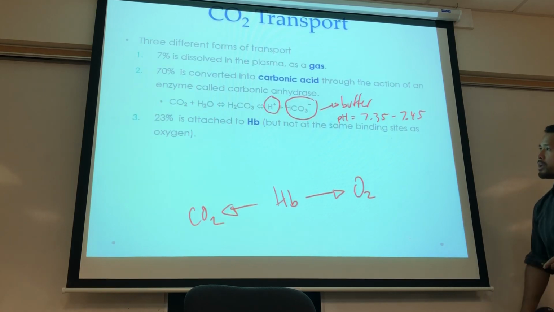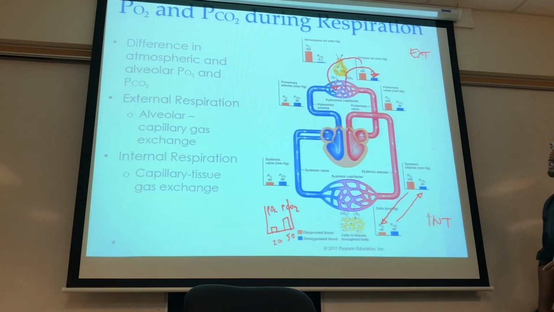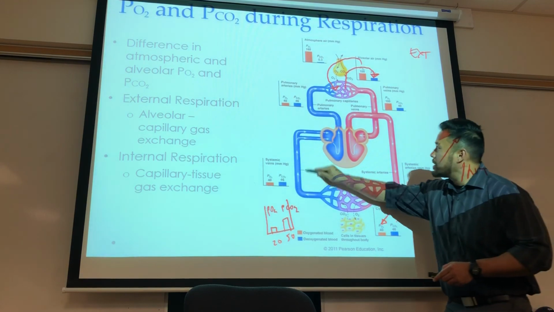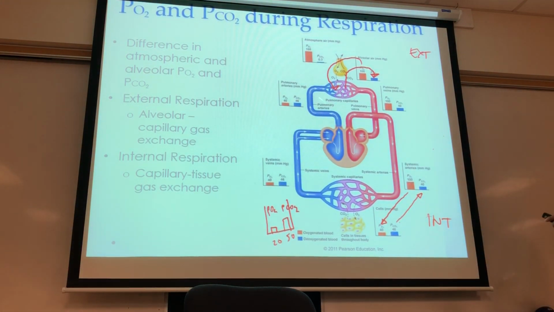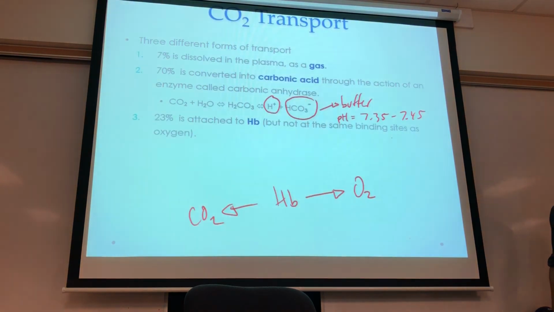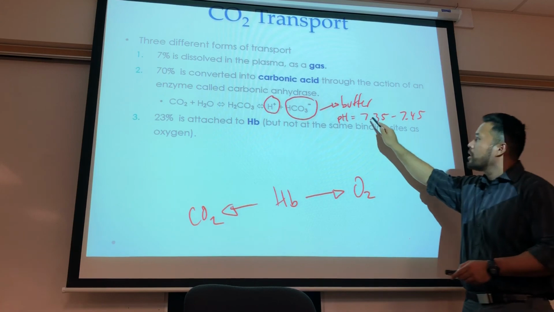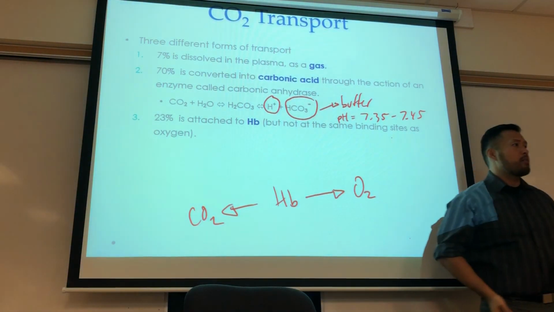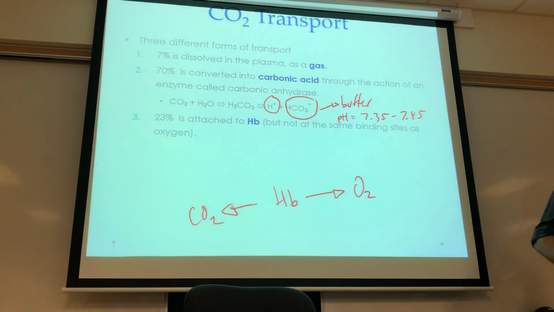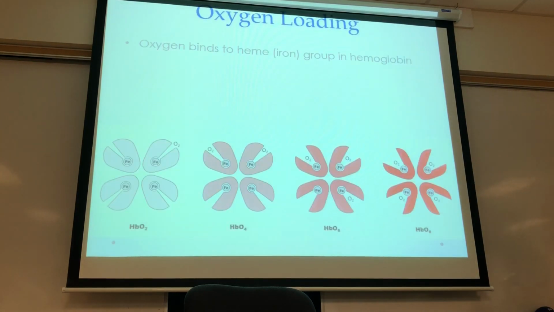Because that CO2 that came in is not only going to be sent over for external respiration to exchange that CO2 for oxygen, but that excess CO2 is also helping buffer the hydrogen ions that are present in your blood as a response to anaerobic metabolism. So again, part of the intricate design behind it.